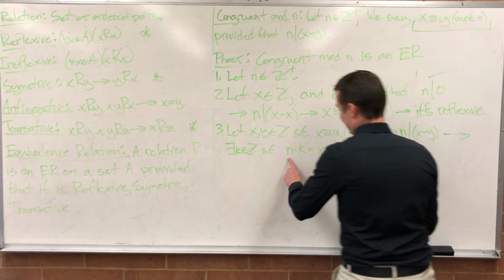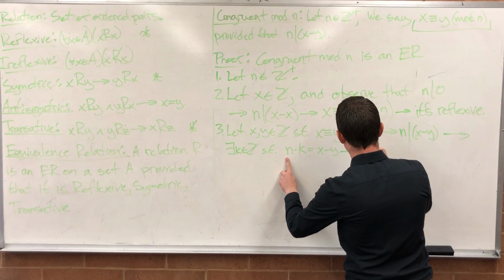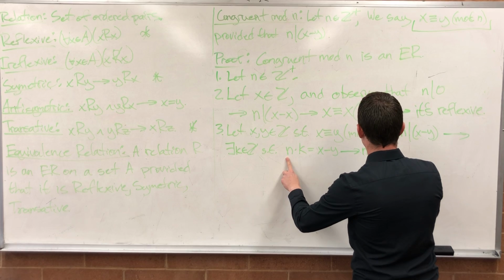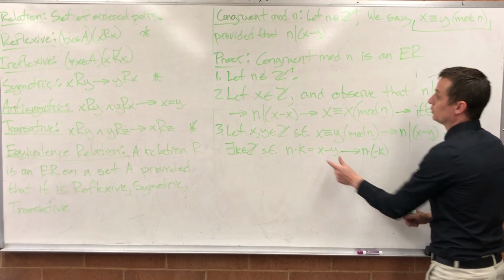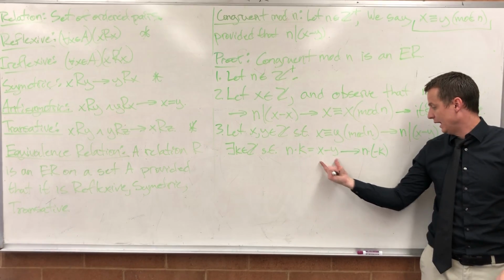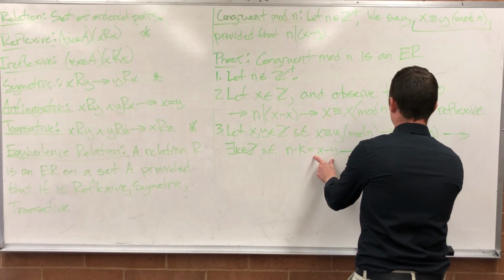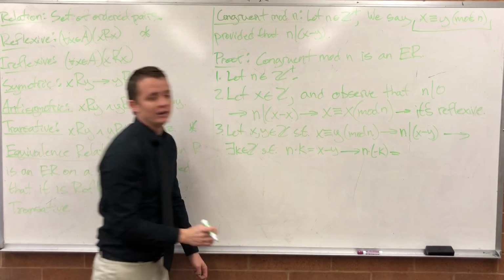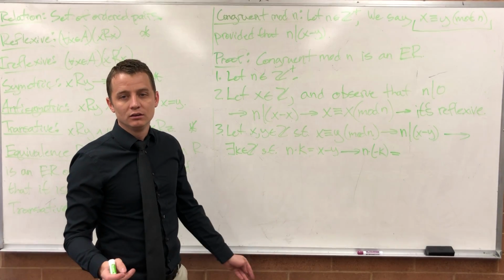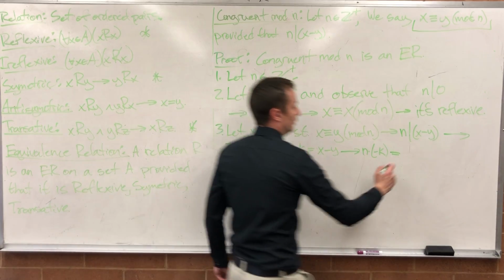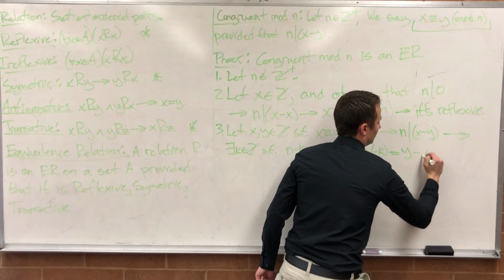So that gives me n times minus k, I'm just going to put the -1 with this, is equal to... Kids often get confused by this, so I'm going to write this out to the side really quick. If I take x minus y and I multiply it by -1, what do I get? Negative x plus y, or y minus x.